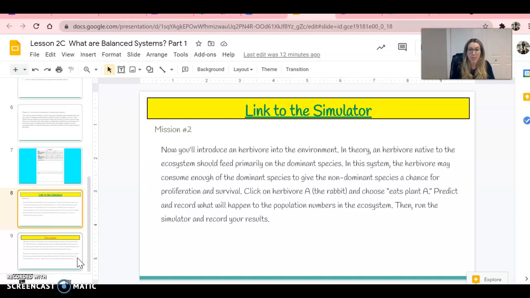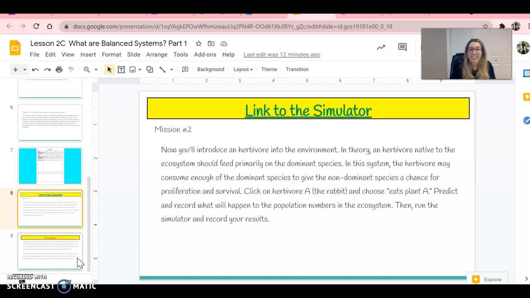In this system, the herbivore may consume enough of that dominant species to give the non-dominant species a chance for proliferation and survival, meaning that herbivore may eat some of that dominant plant, giving the other plant a chance to regrow and to survive more easily.